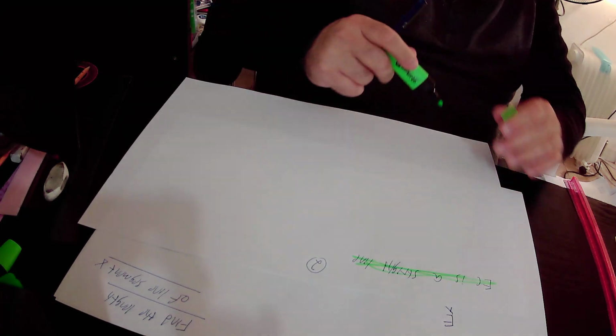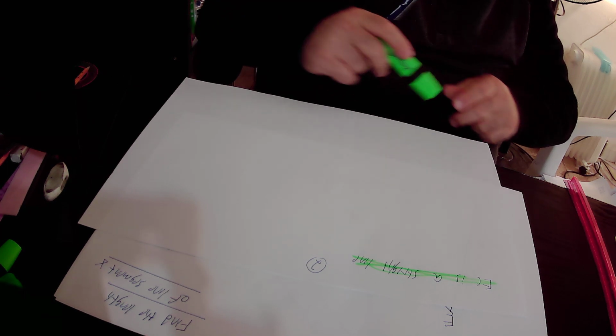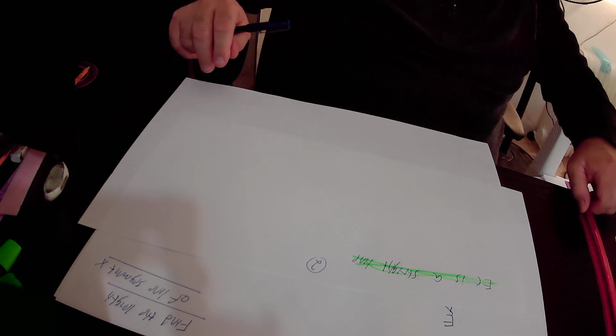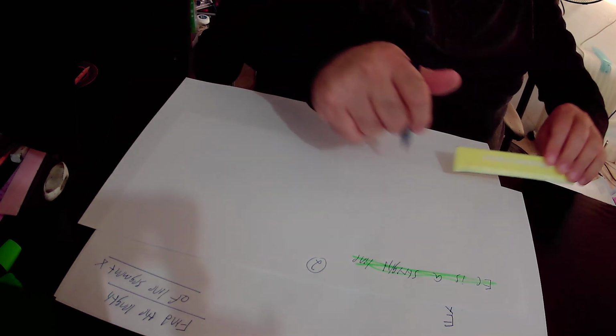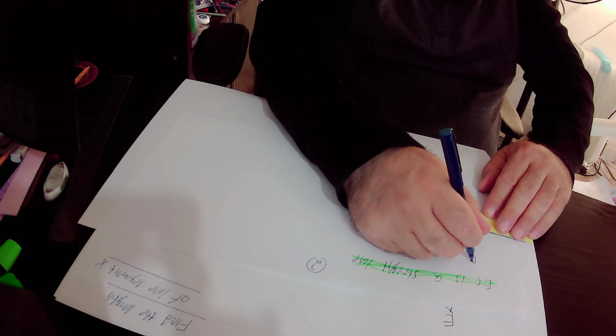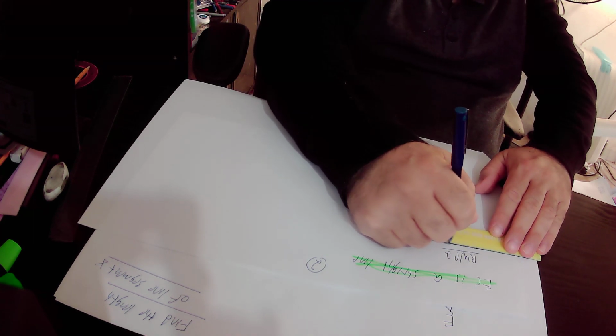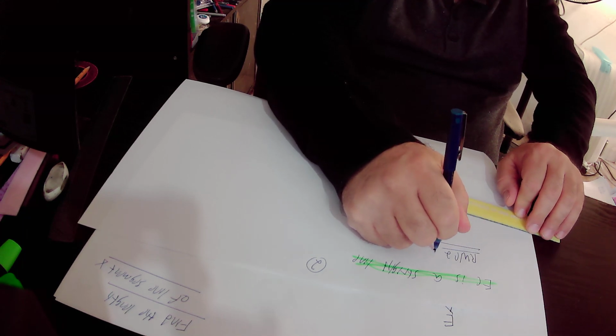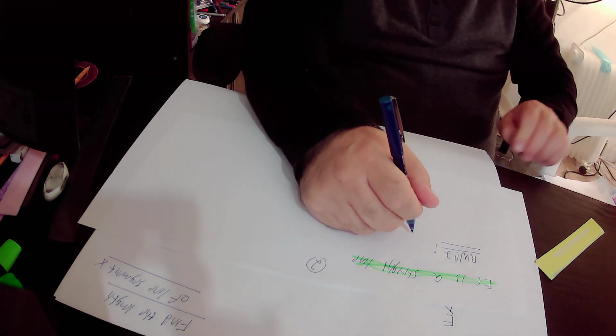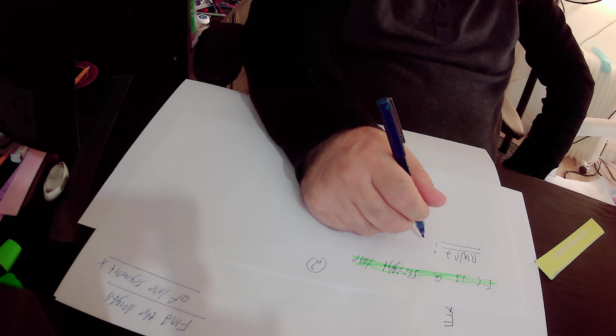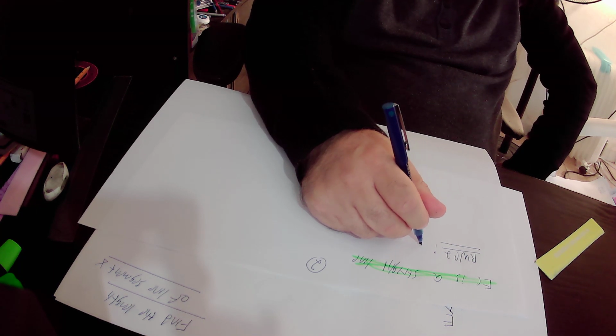And we have also rule number 2. According to rule number 2, the sum of the angles on one side of a straight line is equal to 180 degrees. I'll write it down.